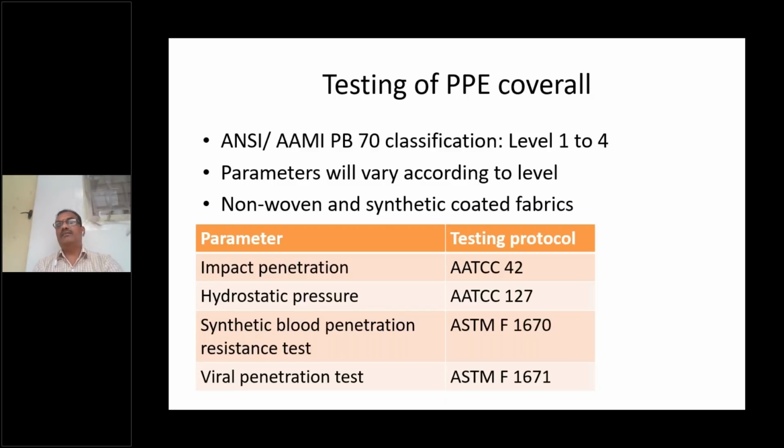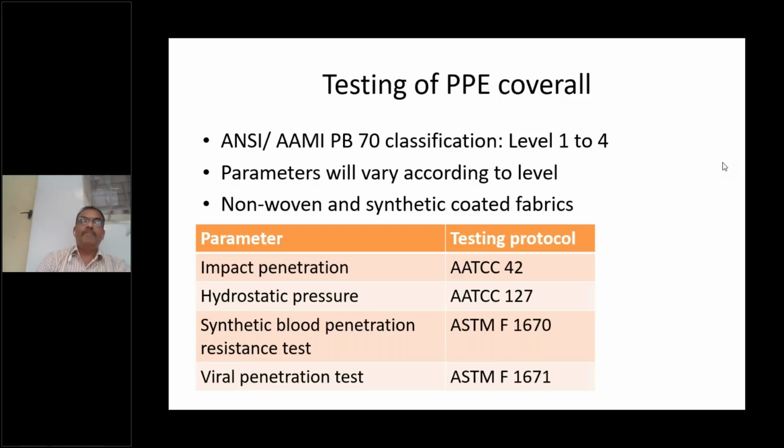In that situation, we can recommend the level 1 category of coverall. That's how it is categorized. In all the categories, level 1, 2, 3, 4, the coverall should fulfill these 4 testing parameters. Only then is it approved or considered equivalent to AAMI PB70.